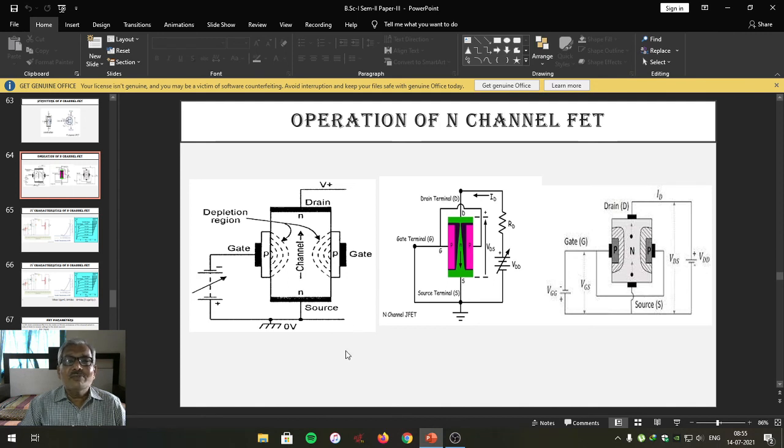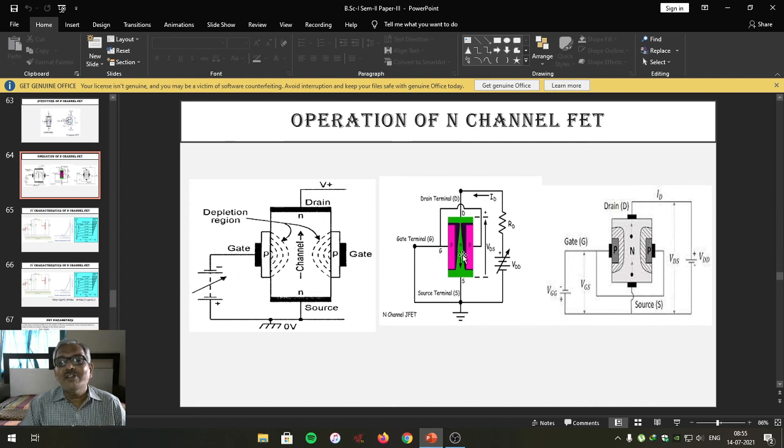What are the changes? This semiconductor is of P type, whereas these two regions are of N type. That is a change. Now the channel is of P type, the gate is of N type. So that's why these polarities should be changed. Here the positive terminal is connected to the gate, the negative terminal is connected to the source, because in a P channel FET, the gate is of N type.